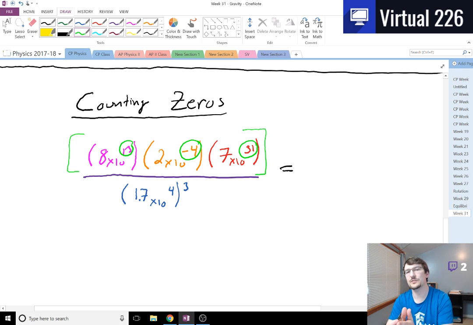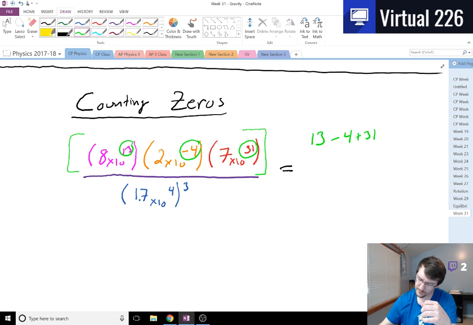These are how many zeros are either kicked onto the end or how many decimal places are preceding the number. So I should take all the positive and negative values and add them together. I'm going to get 13 minus 4 plus 31, and that gives me an idea of how many zeros are either trailing or leading this number.